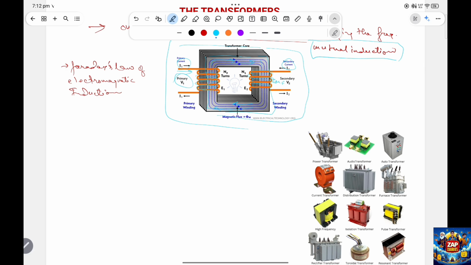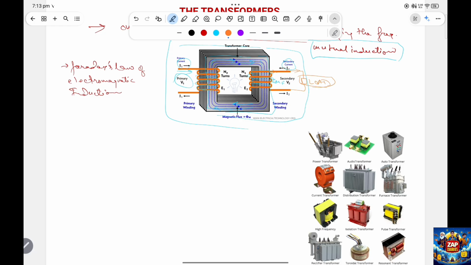Okay. And if the secondary circuit is closed, or say it's connected to a load, the current which is generated due to the electromagnetic flux flows the power and delivers it to the load.